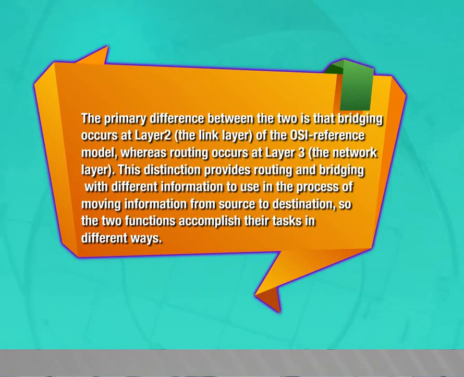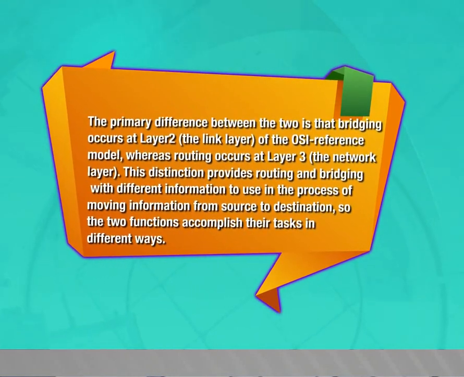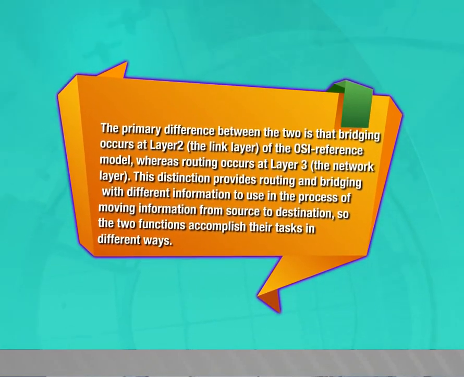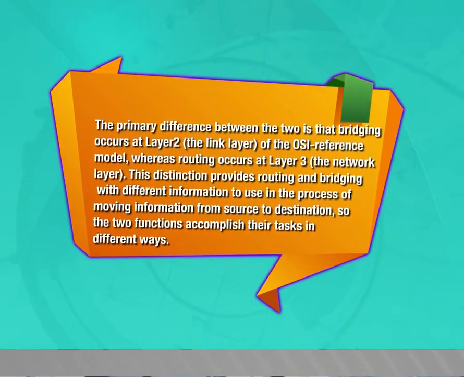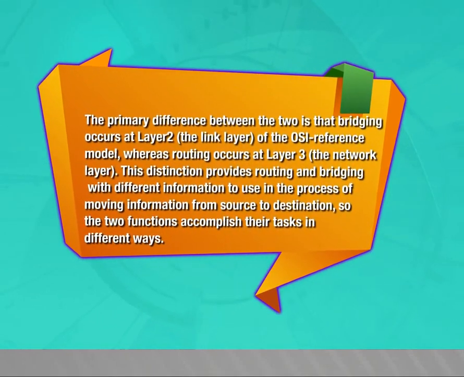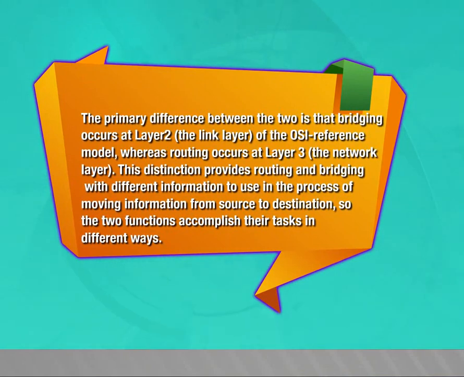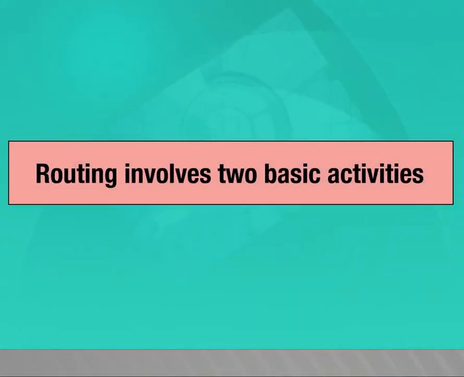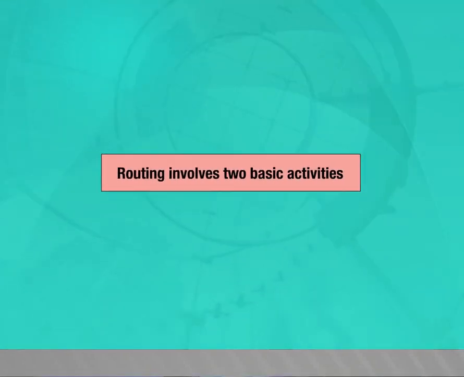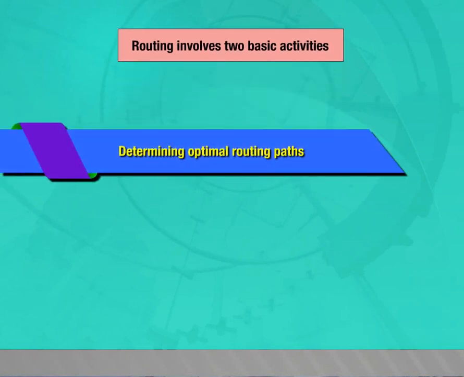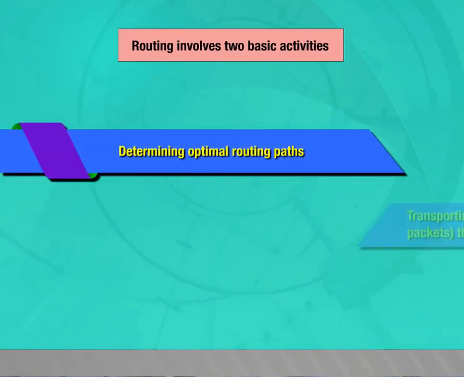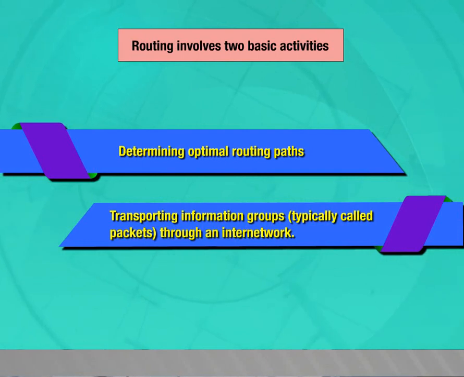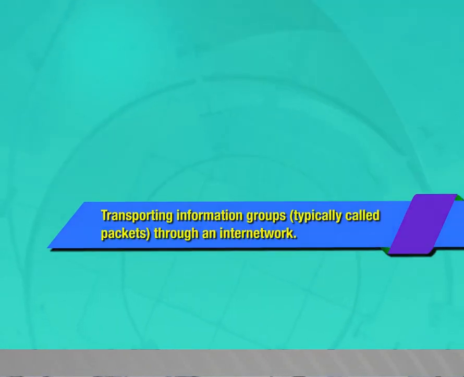This distinction provides routing and bridging with different information to use in the process of moving information from source to destination, so the two functions accomplish their task in different ways. Routing involves two basic activities: determining optimal routing paths, and transporting information groups, typically called packets, through an internetwork.